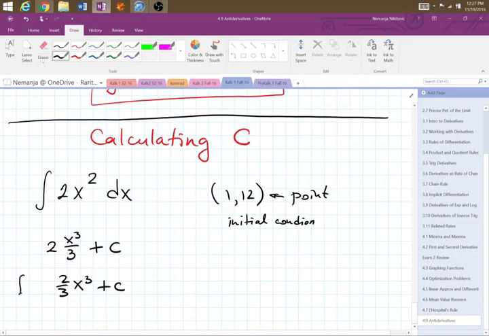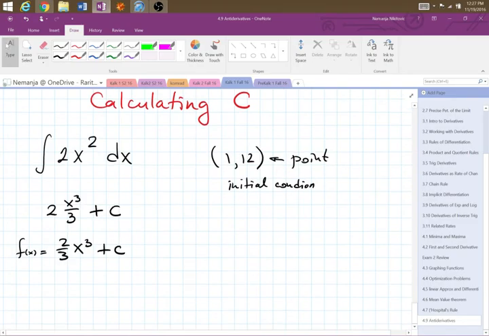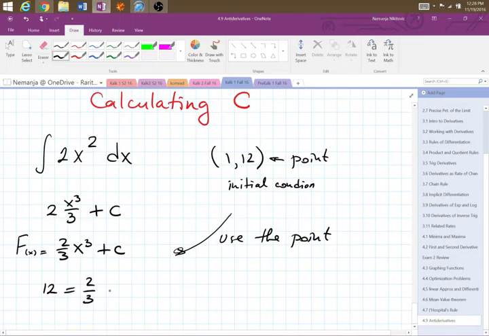So this is your function, which is the answer, and it should actually be denoted as a capital F. Now use the point. The point says that the answer is 12 when x is 1. And as you can see, you can compute c from there easily.